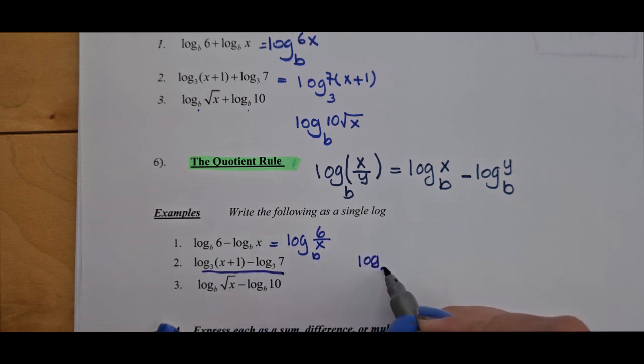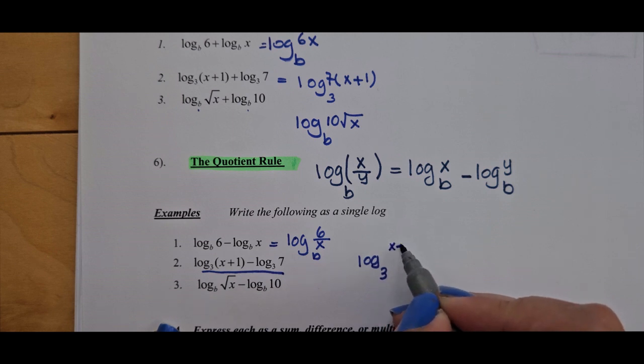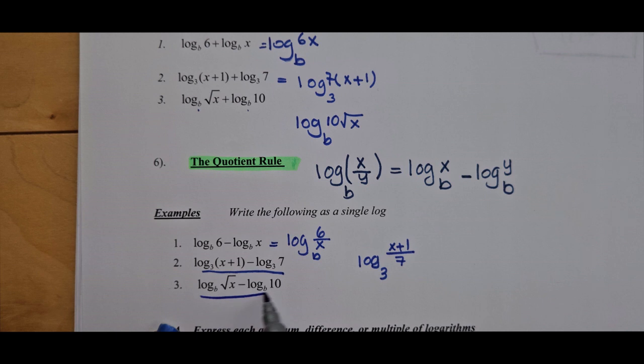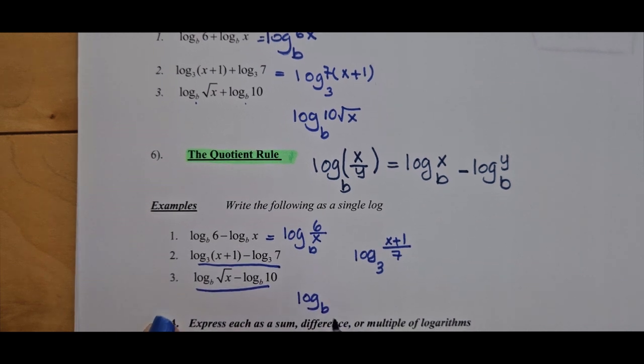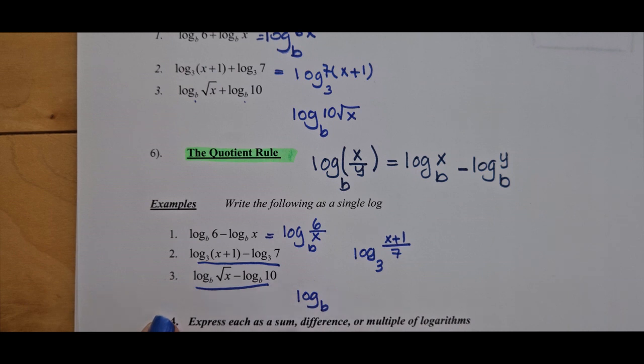The base is 3. So I have x plus 1 over 7. How about this thing here? The base is b. I usually write down the easiest first, so I know I'm done with that. I just write it down quickly. Then first one divided by second one, right?